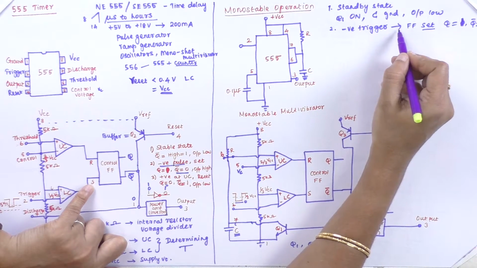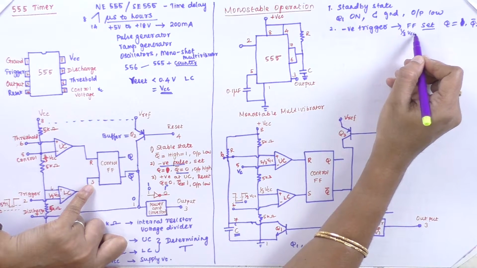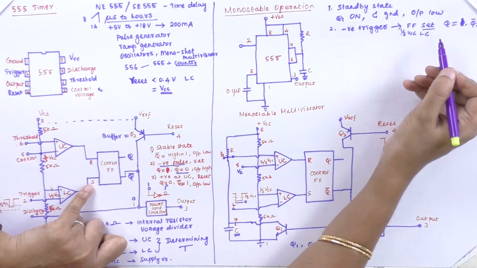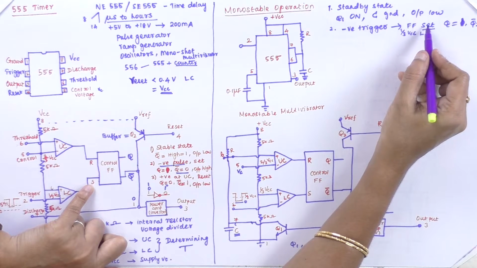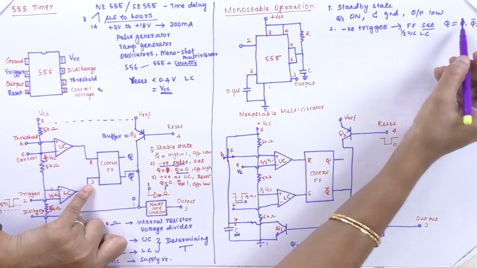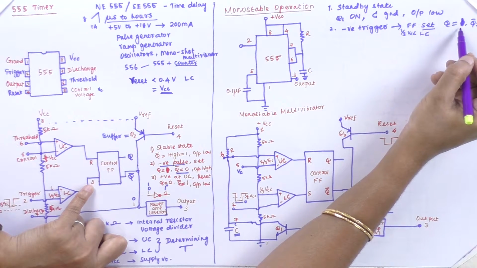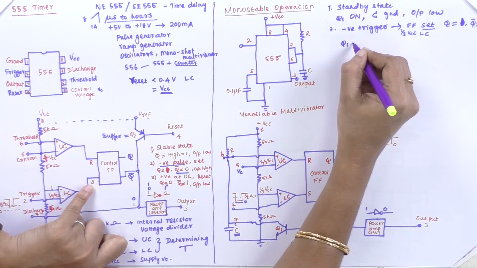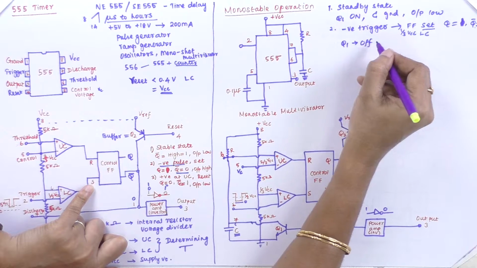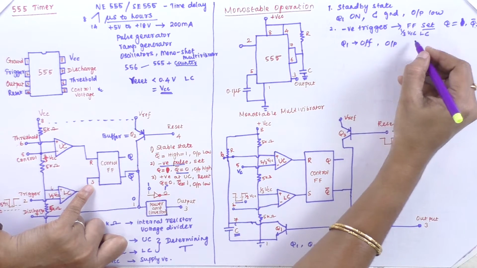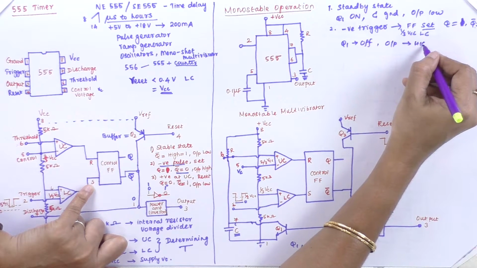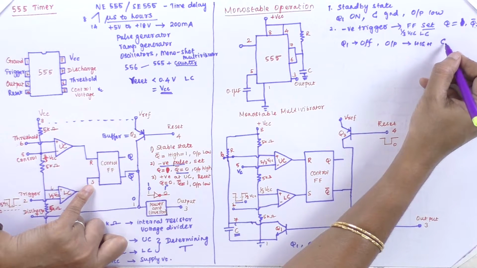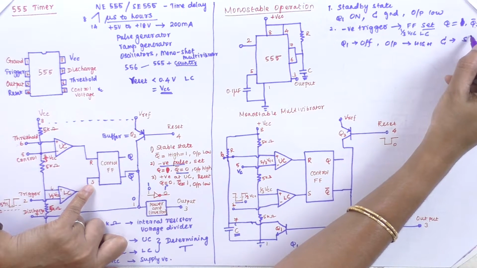It passes through the 1/3 VCC of the lower comparator, which sets the flip-flop: Q is equal to 1 and Q bar is equal to 0, which makes the Q1 transistor off, and the output will be high, which makes the capacitor a short circuit.